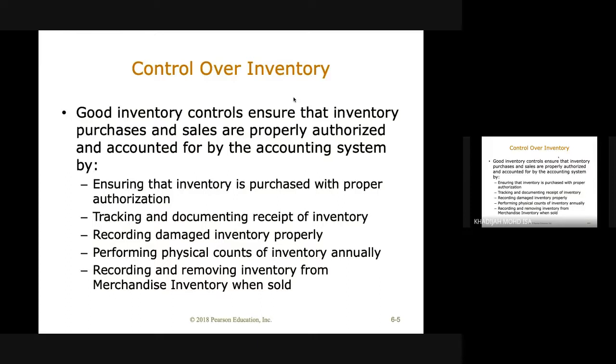You count how much inventory you have physically in the company, and then you compare that with what is in your system. Because the system records what comes in and what goes out, but at the same time you must make sure that what is in the system is the same as what is in the physical.